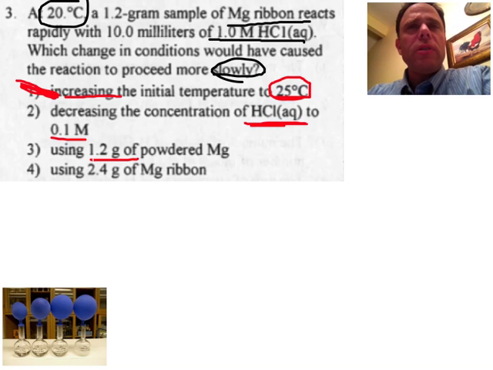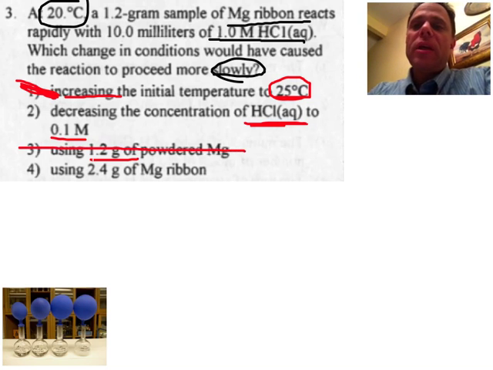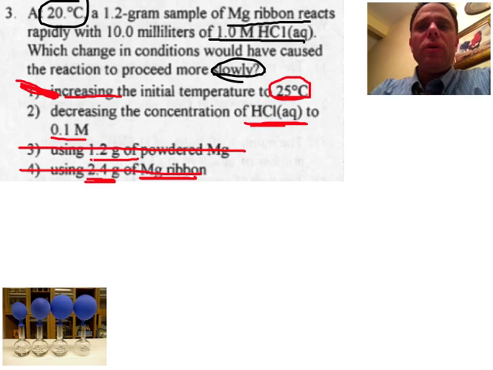If we create a powder, that will increase surface area, allowing the hydrochloric acid to come in contact with more of the magnesium. That would go faster. And what about using 2.4 grams of magnesium ribbon? Well, that's increasing a concentration. It is not 4, it is 2.